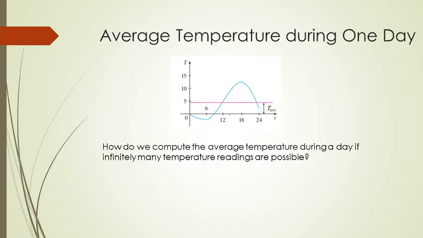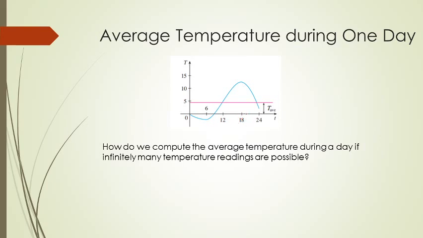Now let's look at the situation, the temperature in one day, okay? The temperature during one day, from midnight 0 until 24, right? Within the 24 hours. So we know the temperature changes by time, right? It will change time by time, and you can see minute by minute it changes.